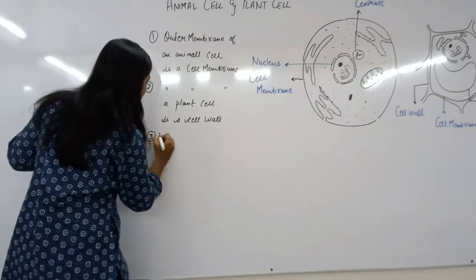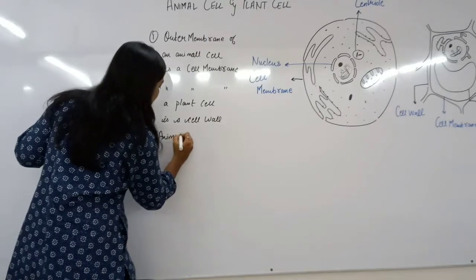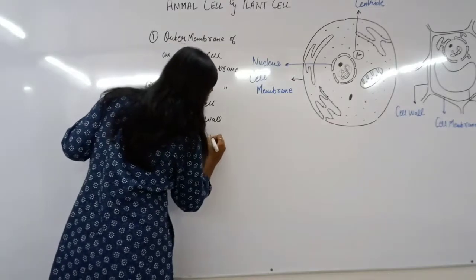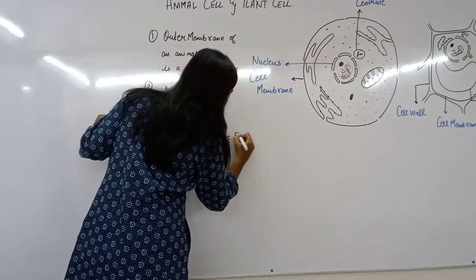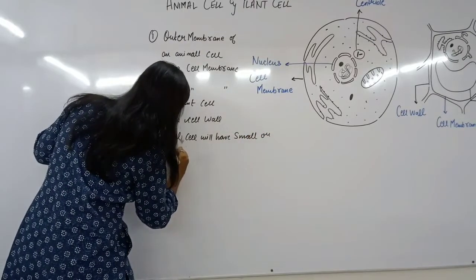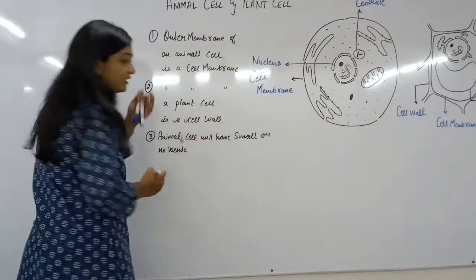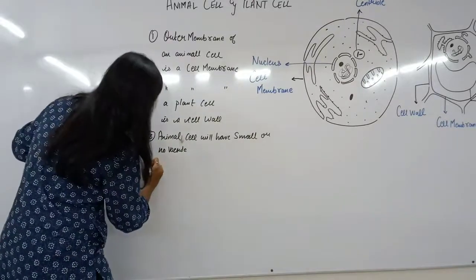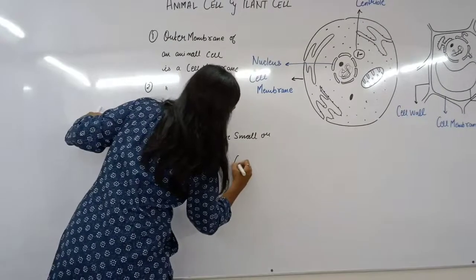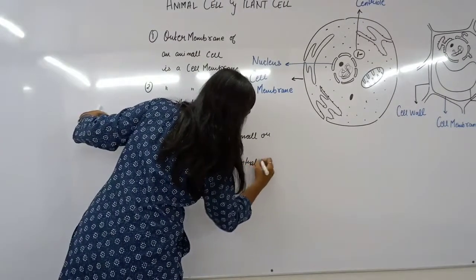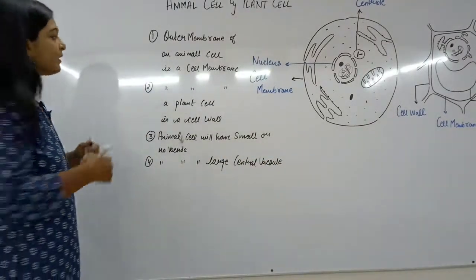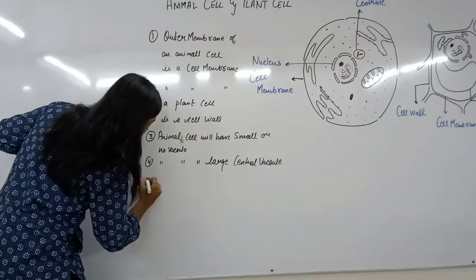Then, an animal cell will have small or no vacuole. On the other hand, plant cells will have a large central vacuole. Understood? Now, fifth point.